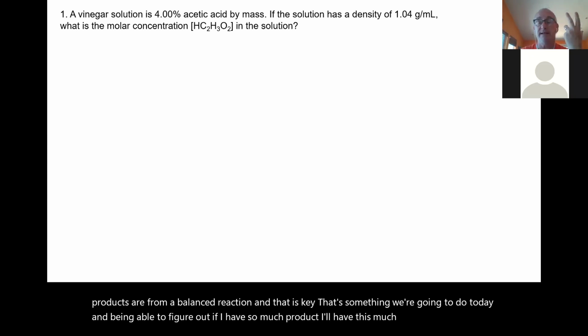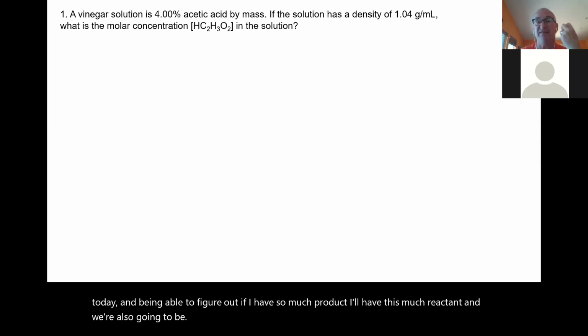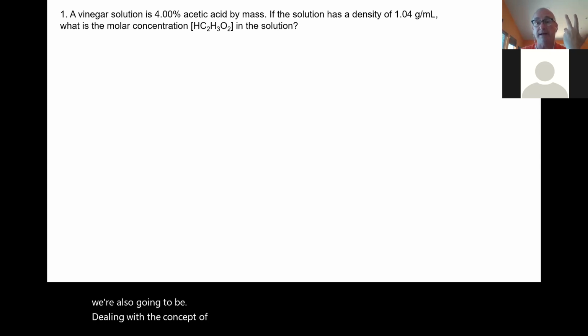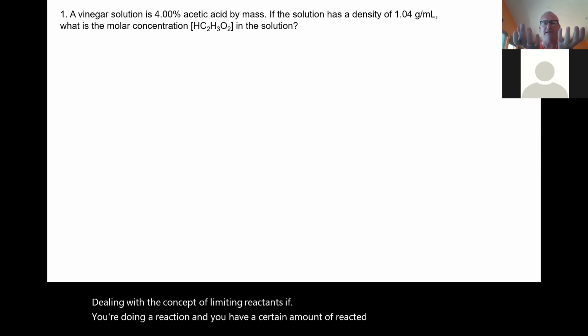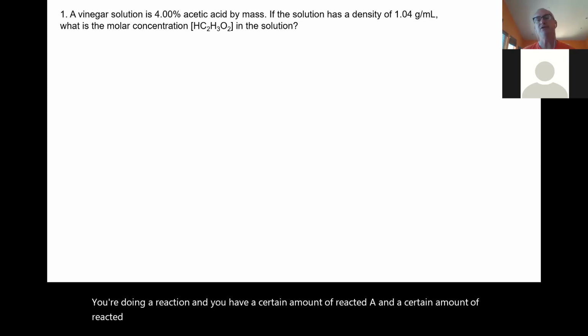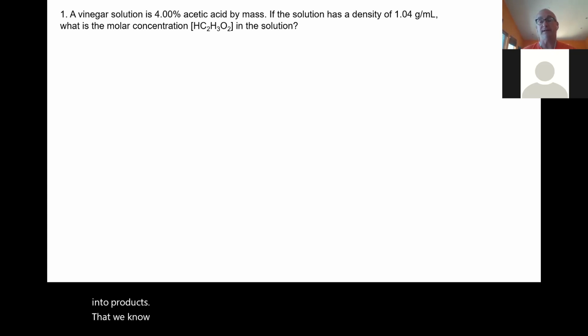And we're also going to be dealing with the concept of limiting reactants. If you're doing a reaction and you have a certain amount of reactant A and a certain amount of reactant B, you can't always assume that all of it is going to be consumed and you're going to turn it all into products. We know that doesn't happen because we may run out of one of the reactants before we run out of the other.